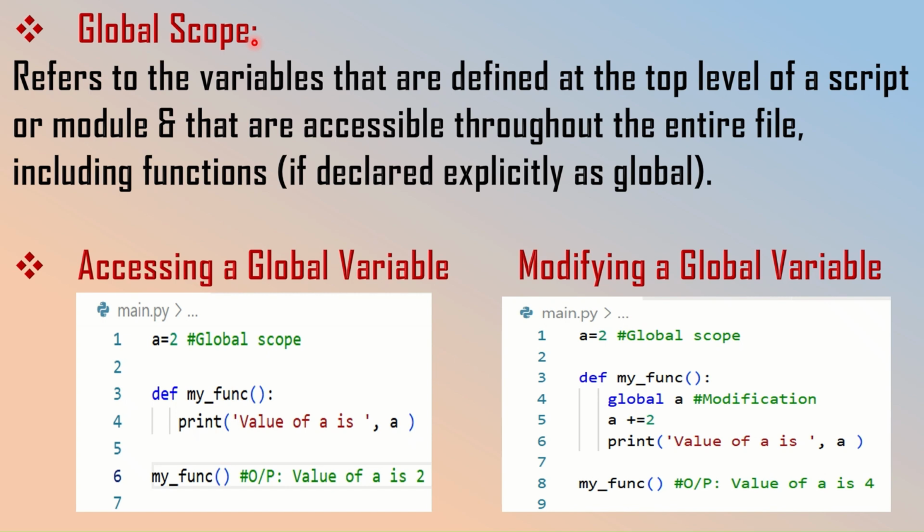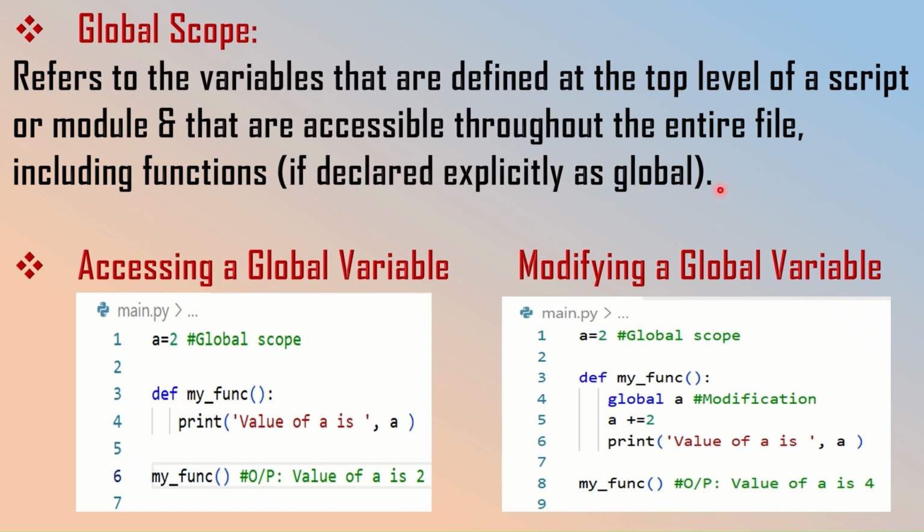Generally, global refers to the entire part, right? So global scope in Python simply refers to the variables which are defined at the top level of a script, program, or module, which can be accessed throughout the entire program, including functions, but declared explicitly with the global keyword.